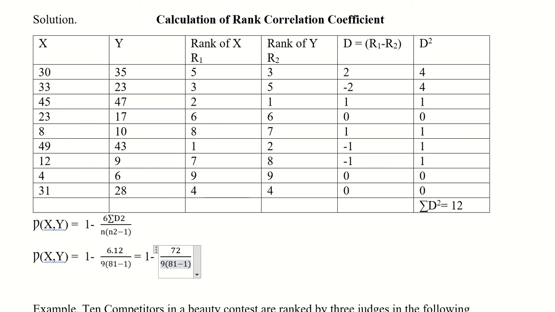This is 80 now. 9 into 80. So this is 72 divided by 9 into 80. 9 8s are 72. So 720, right?